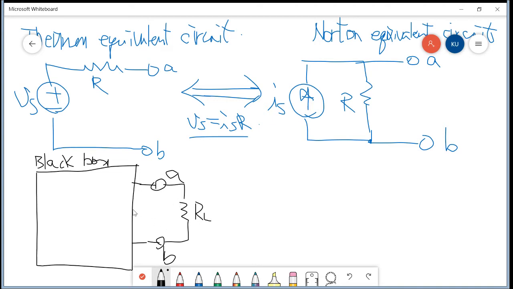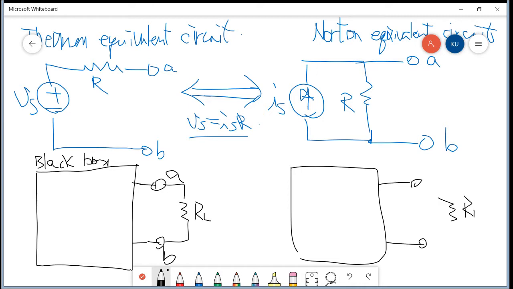Then you may find that you cannot distinguish whether the black box is this one or that one. Then it is called equivalent, which means that they look the same. They have the same VI characteristic, and that we call equivalent.